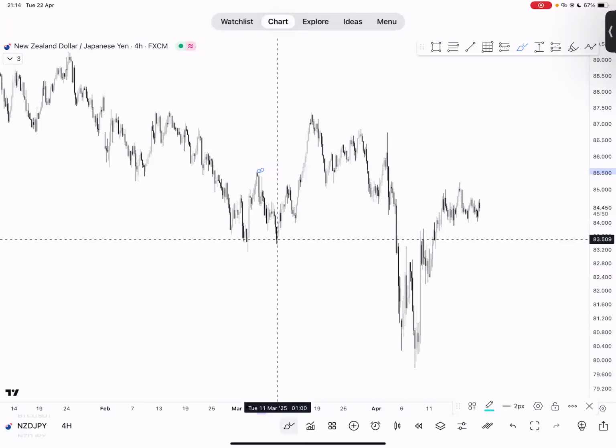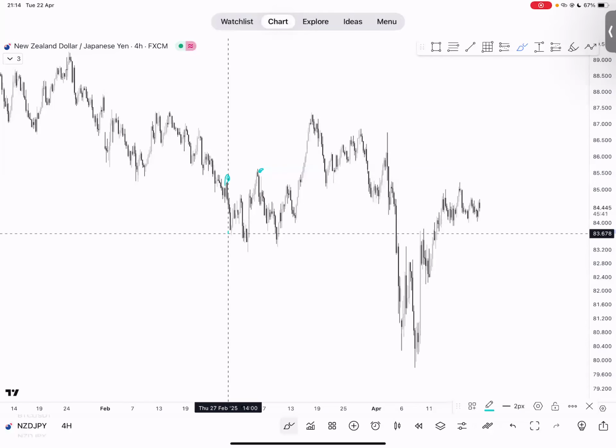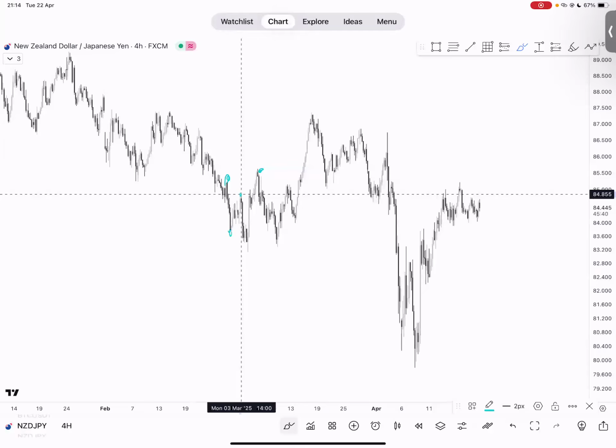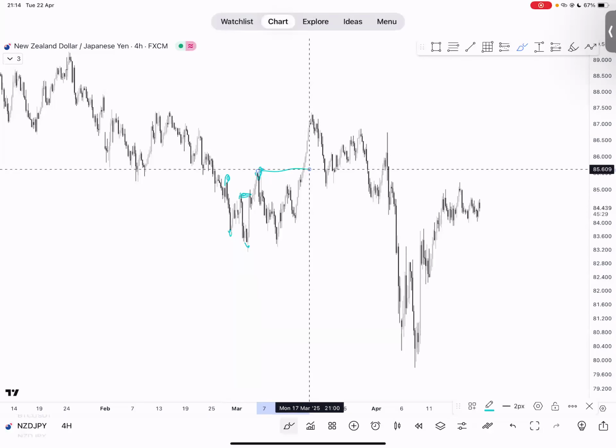But then I told you that if it took out the protected high, that's the lower high. Okay, not at that point. This was a lower high, a lower low, a lower high, lower low. So that change of character went ahead to break structure to confirm that we're now bullish.